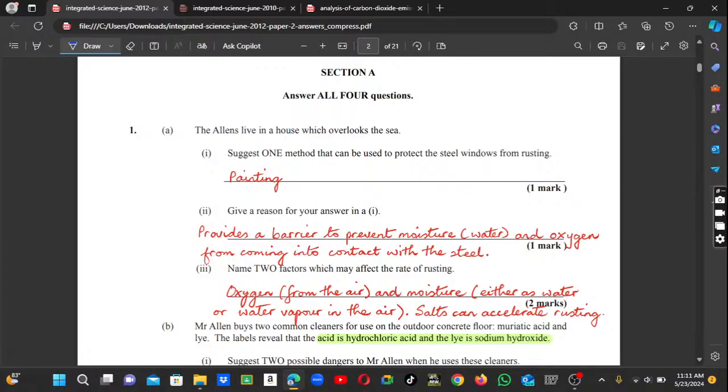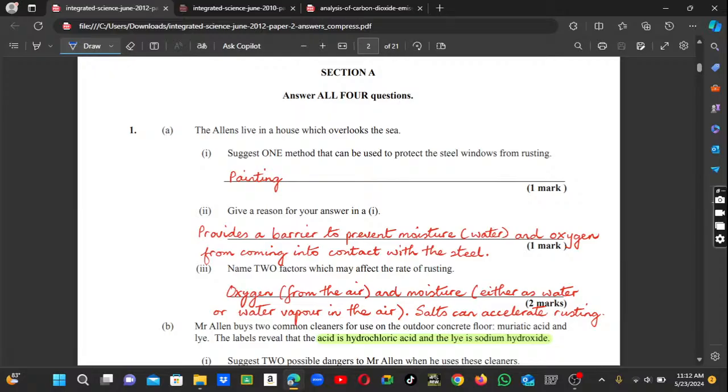First things first, guys, number one. This is a 2012 paper, paper 2, and I'll be going through a few questions. Number 1 says the Allens live in a house which overlooks the sea. It says suggest one method that can be used to protect the steel from rusting. We are talking about rust.